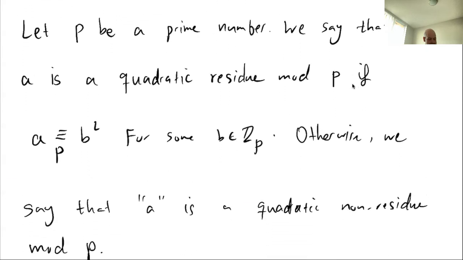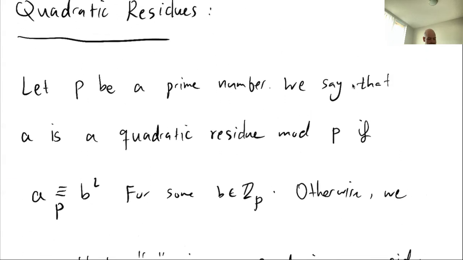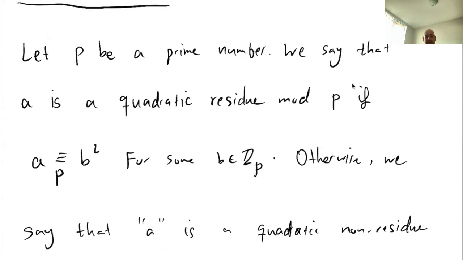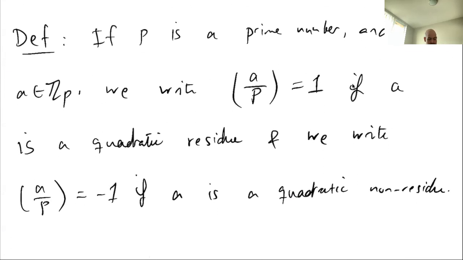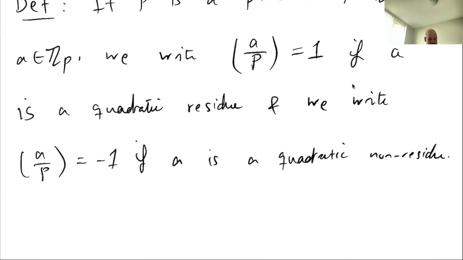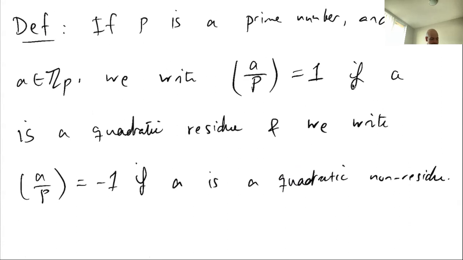By the way, normally we assume a is not equal to 0 because, of course, 0 is always 0 squared, but we exclude 0. So let me write in the beginning that we say a is not equal to 0 in Zp. So a also here is not equal to 0 in Zp.